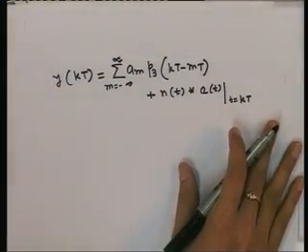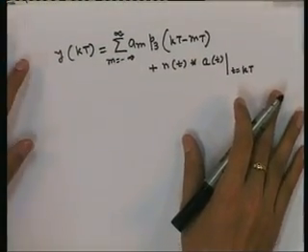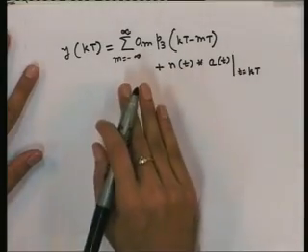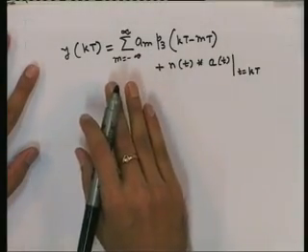So this is the sampled value at time kT.